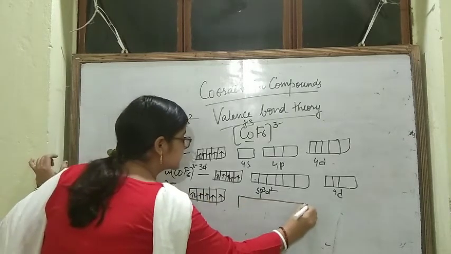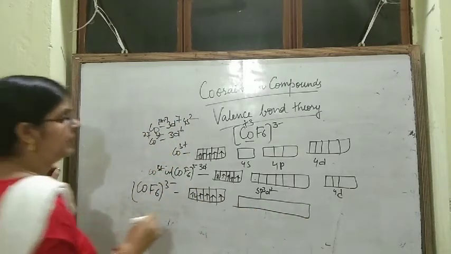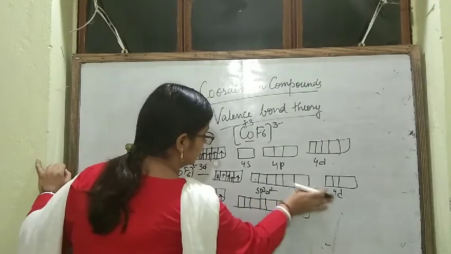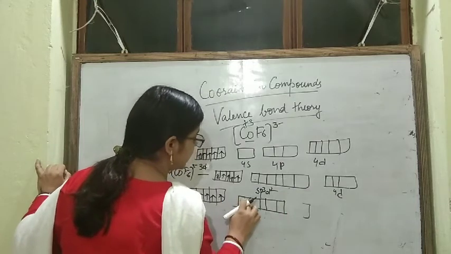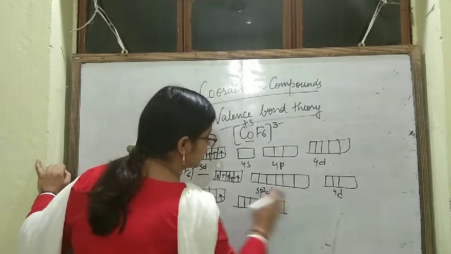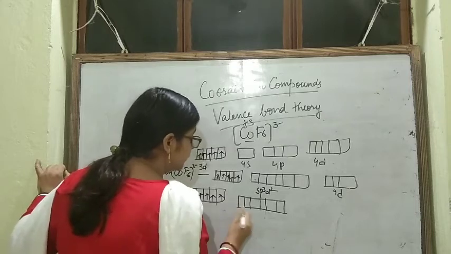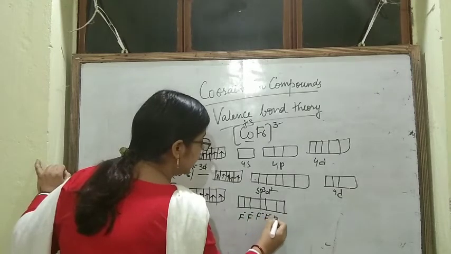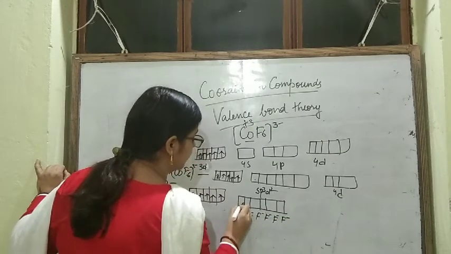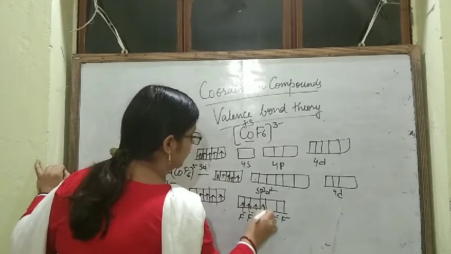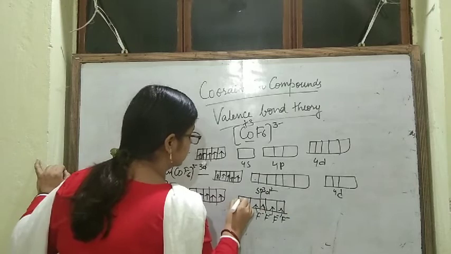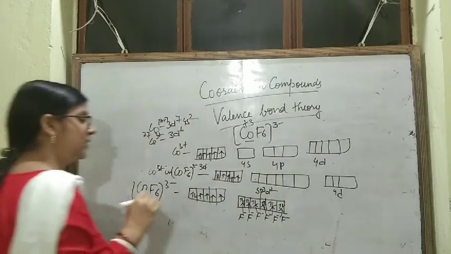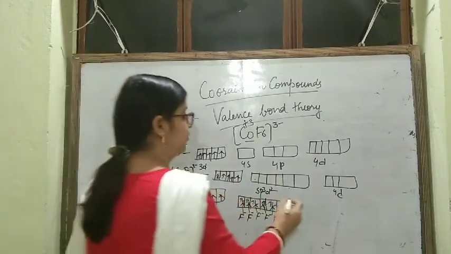Now, in this sp3d2 hybridized orbital of cobalt, 6 F- ions will provide 6 electron pairs to form 6 coordinate bonds. 2, 4, 6, 8, 10. And the rest of 4d will be like this.